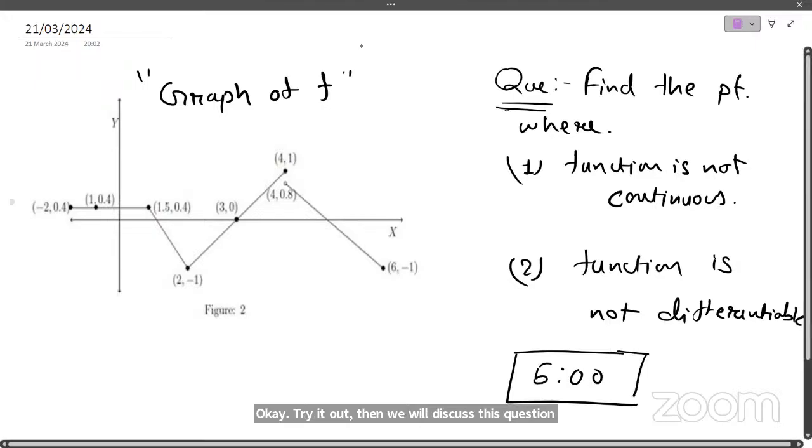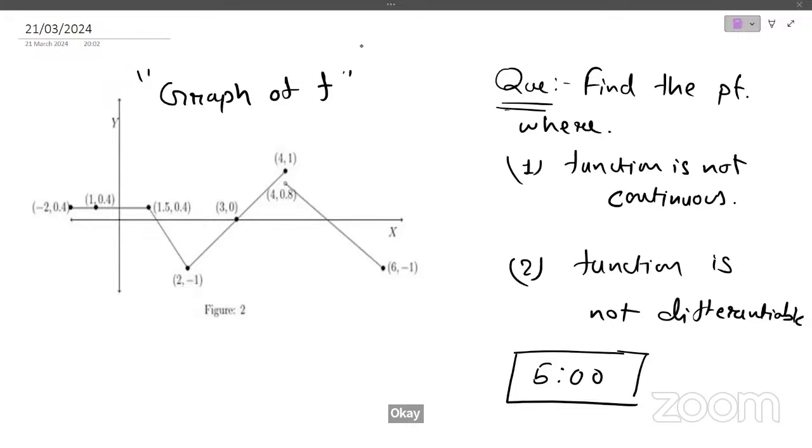Good evening, Suraj. So just try this question, then we will discuss. It's a good example.